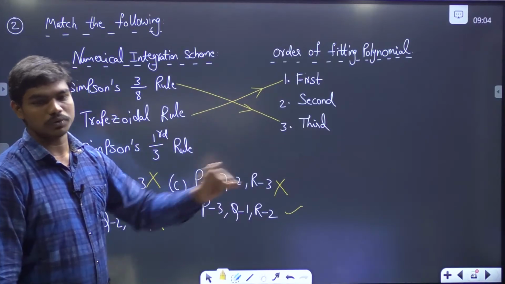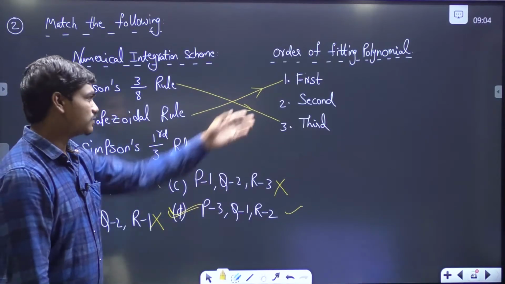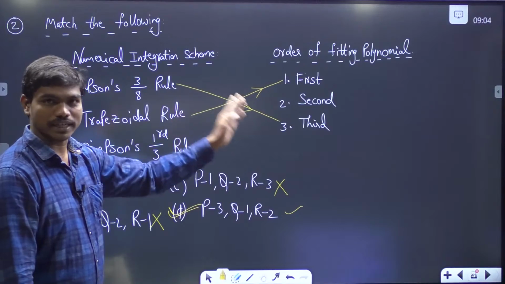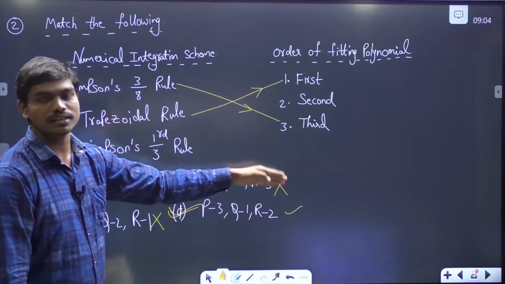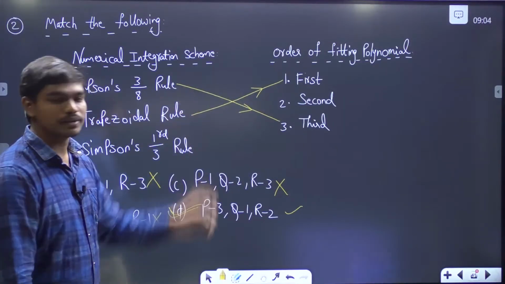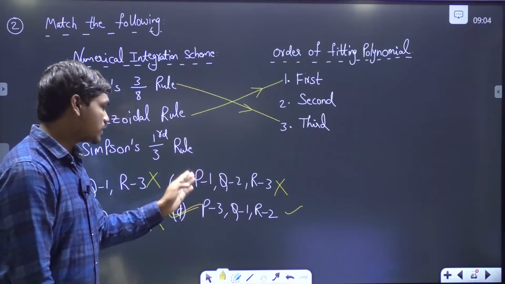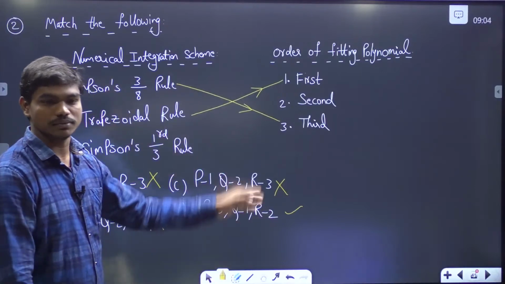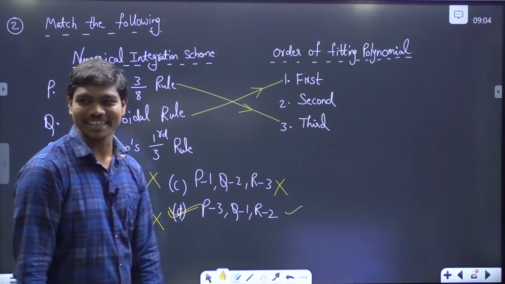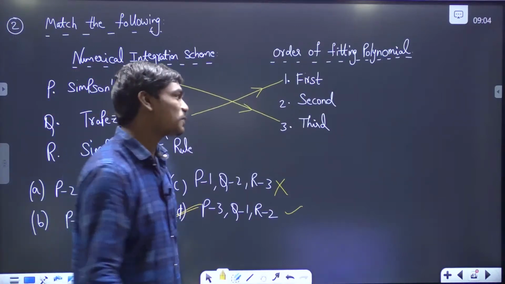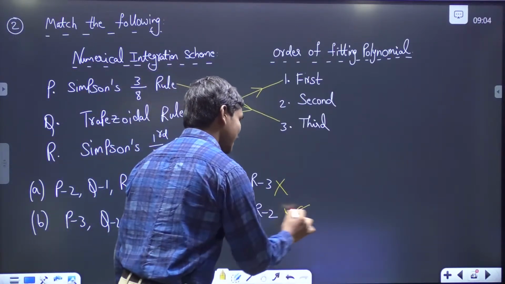So the order is 1, 2, 3. So that's how he confirmed the order for these 3 methods. But which is not actually the case there. So please don't do such kind of things. Have the things in a good way.